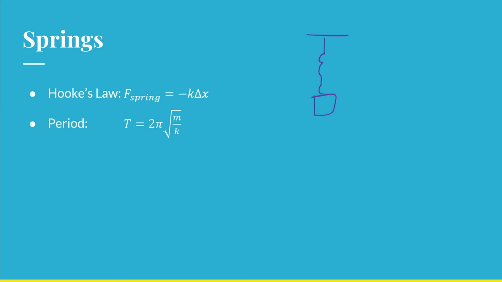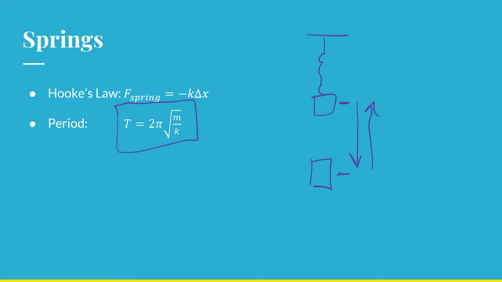And this equation right here tells us how long it takes to go from its highest position down to its lowest position and then back up, AKA one wavelength. You'll notice right here that it has nothing to do with gravity.